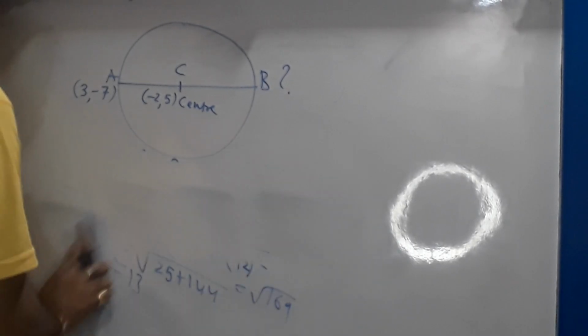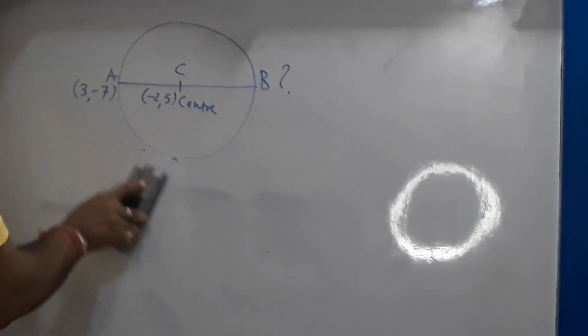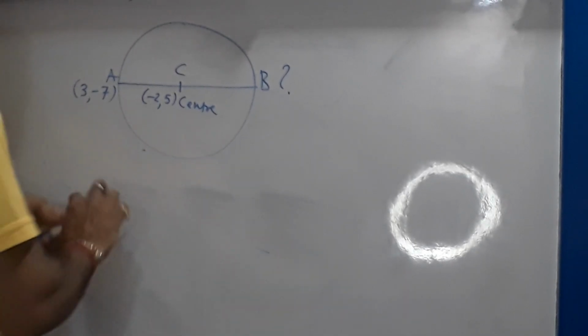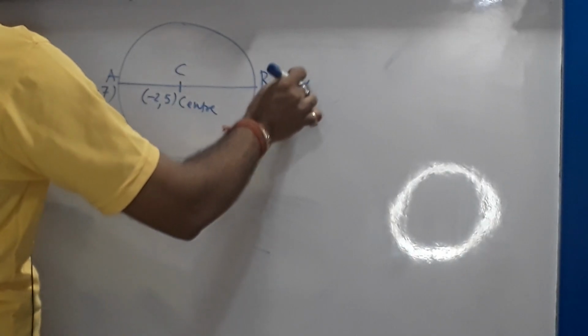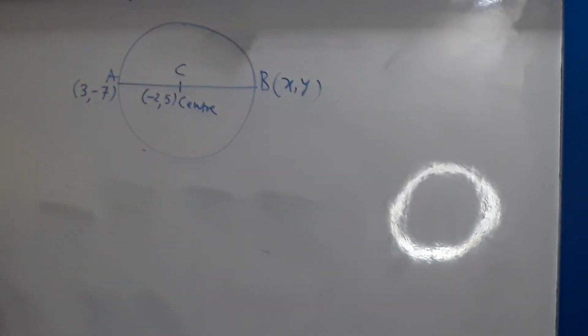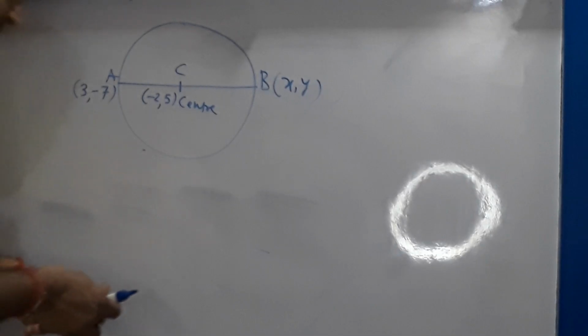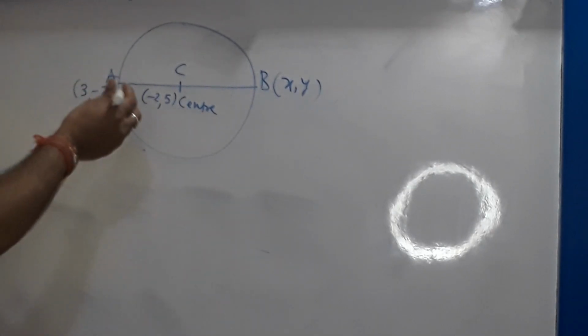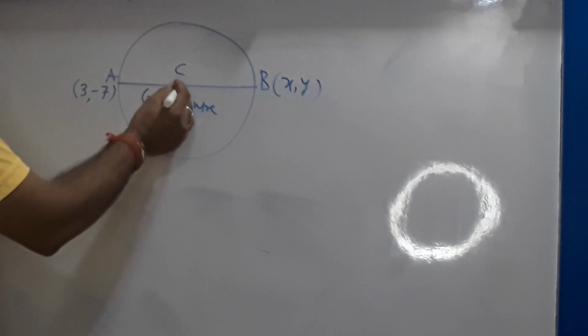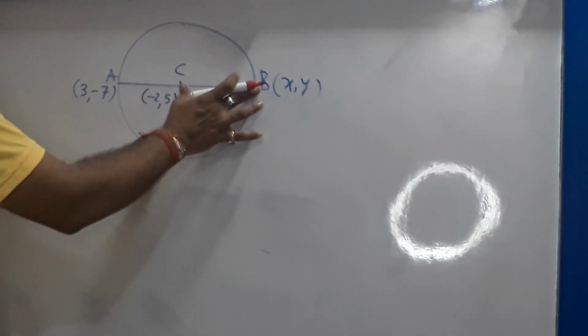Now it asks to find the coordinates of B. So for B I will take (x, y). Now AB is a diameter and C is the center. From the center to any point on the circumference is called the radius.